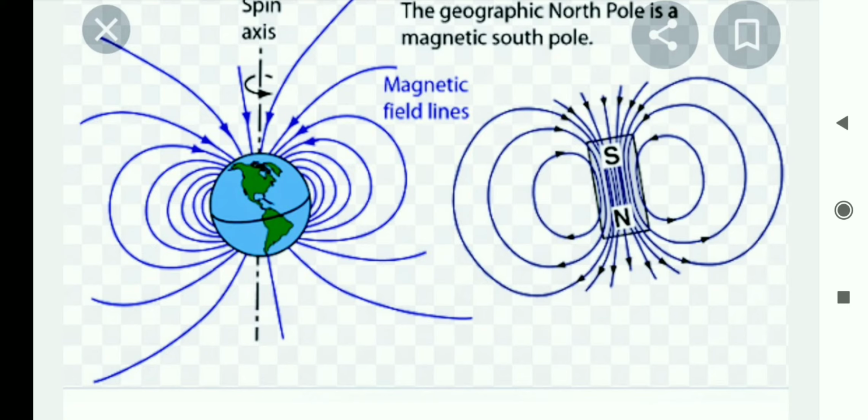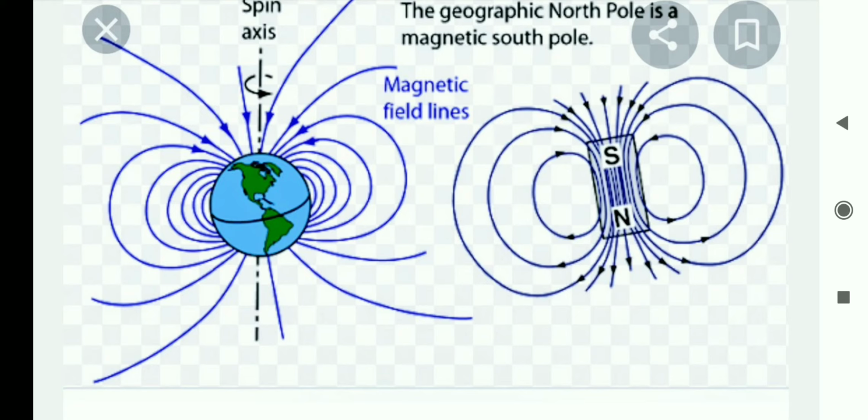So that is the reason we can't split the poles. Suppose you want to take an isolated pole and you break the magnet at the center, automatically it induces the other pole also. The reason is the closed-loop nature of the magnetic lines of force. Magnetic lines of force are always closed loops. They come out of the magnet at the north pole and enter into the south pole.